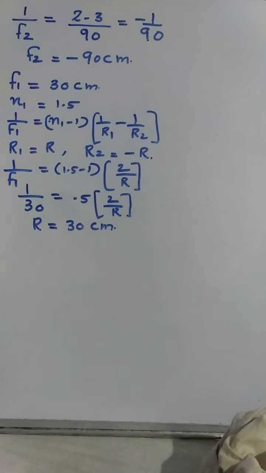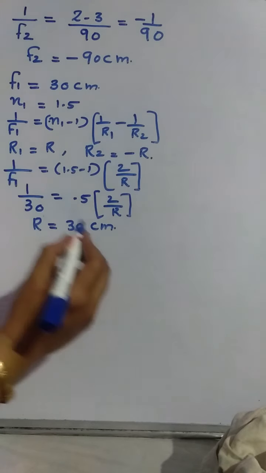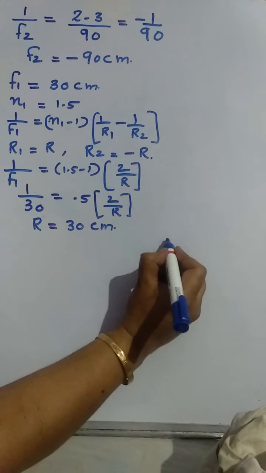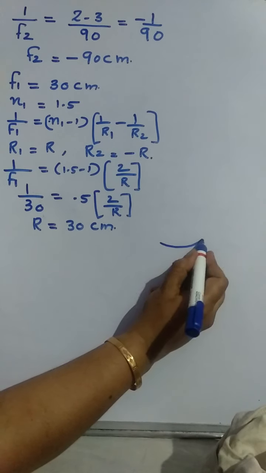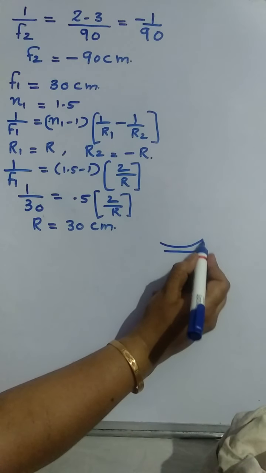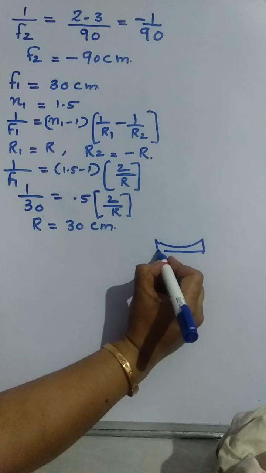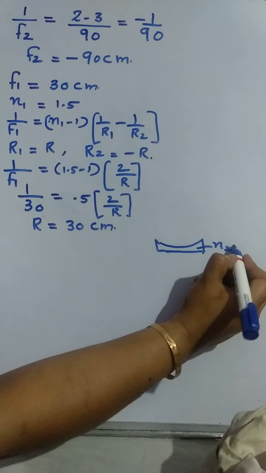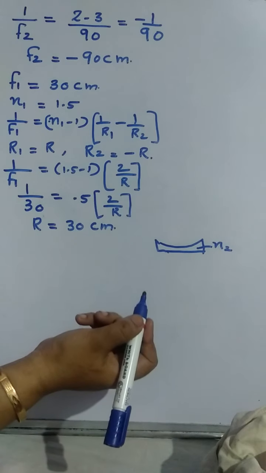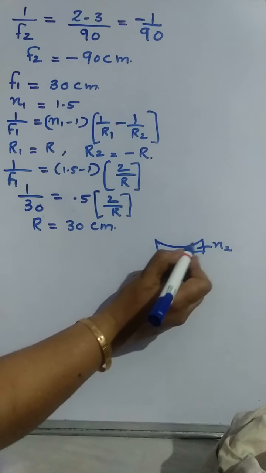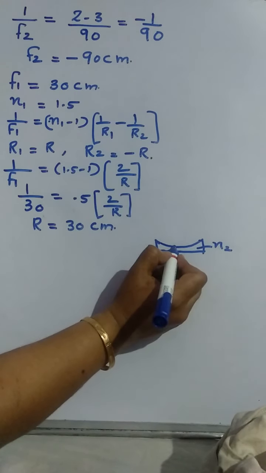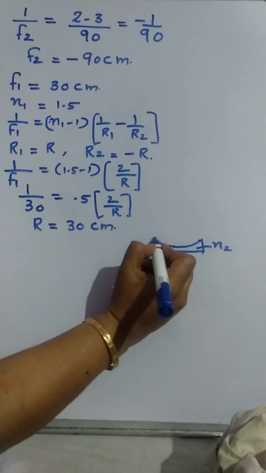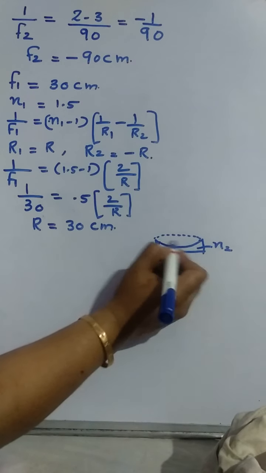For finding out the refractive index of the liquid, we have to see which lens is there. That is a plano concave lens. For this lens the refractive index we have taken as N2, that we have to calculate. That means the radius of curvature of this lens is equal to the radius of curvature of the convex lens.